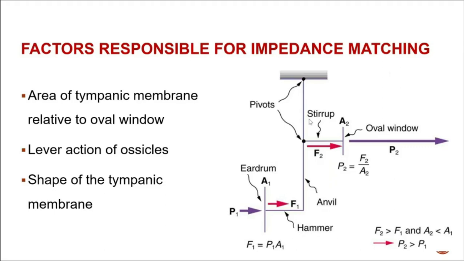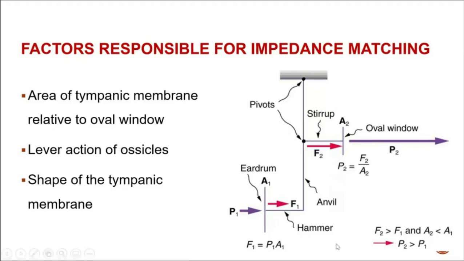Now, the acoustic energy, the sound energy which is entering the cochlea, is being increased in its pressure or force by the anatomical impedance matching done by these middle ear structures, the three bones and two muscles. So the purpose of all these bones is to match the impedance.